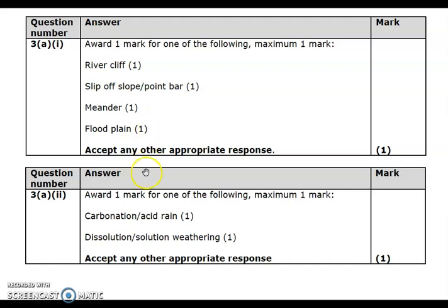For the chemical weathering question, again, notice how simple and straightforward it is, just stating what they are. So it may be acid rain, or it could be solution weathering, the actual rocks being dissolved by the water in the river or from the rainfall as well.